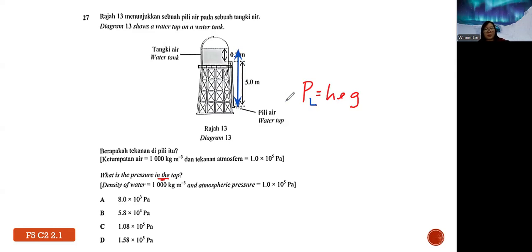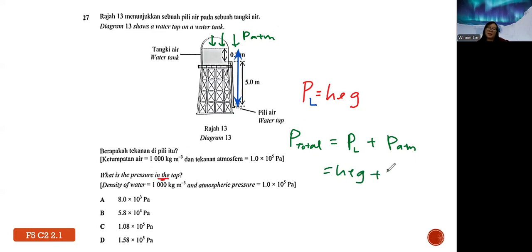But you also need to know there is another pressure that acts on the water, which we call atmospheric pressure. So the total pressure that acts on the tap: if the question says liquid pressure only, then we don't need to include atmospheric pressure. Because they want the total, the idea is liquid pressure plus atmospheric pressure, so we have h rho g plus atm.